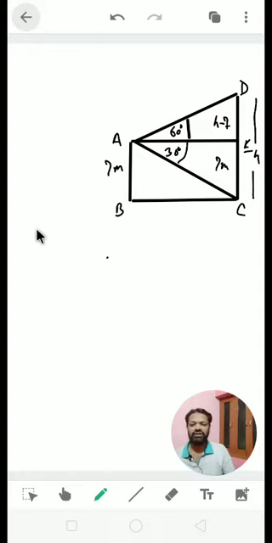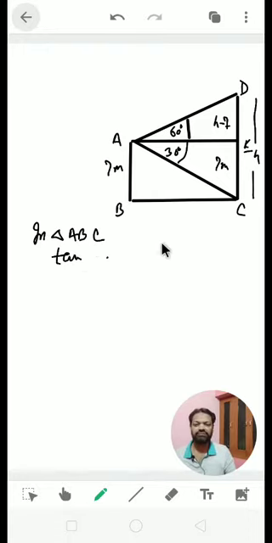So in triangle ABC we have tan 30 degrees, because this angle is also 30 as per the alternate interior angle theorem. Tan 30 degrees is equal to AB by BC.